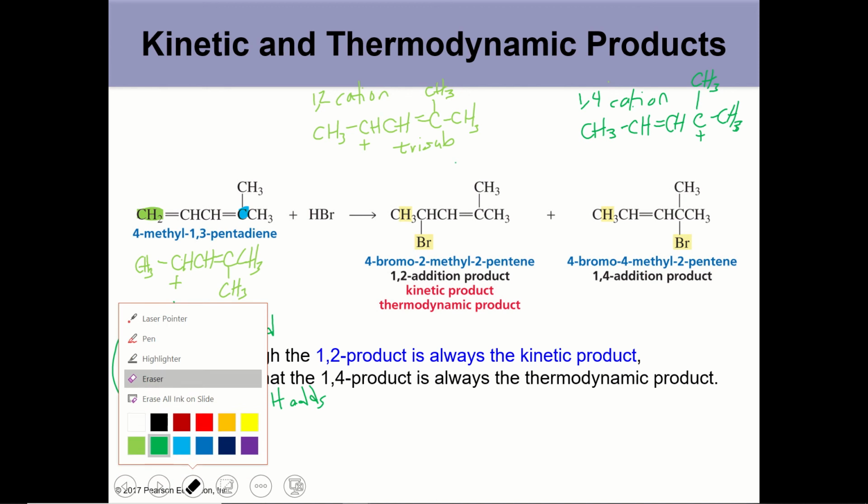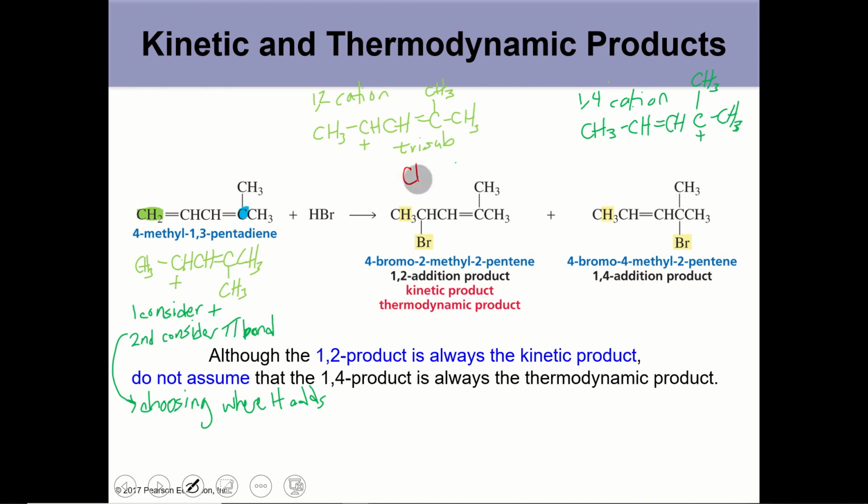I may write that in a different color. Okay, so only consider pi position.